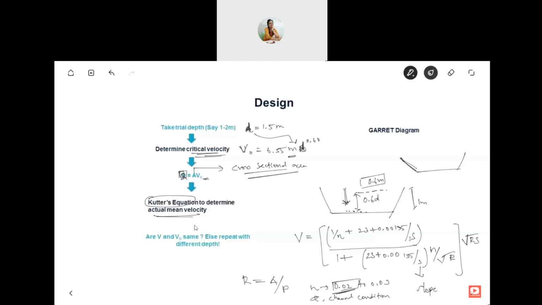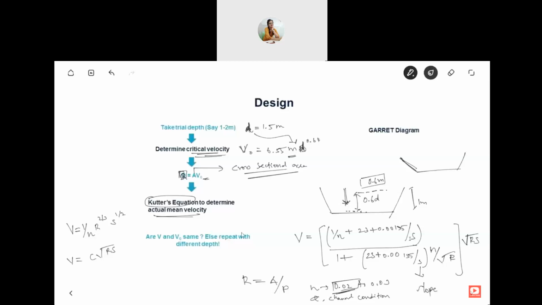Usually Kutter's equation is used to determine actual mean velocity. Sometimes you use Manning's equation also, which is quite simpler than this, which goes like this, and N is the Manning's coefficient. Or sometimes people also use Chezy's coefficient. This equation is also similar to Kutter's equation, except that C is defined by this large value.